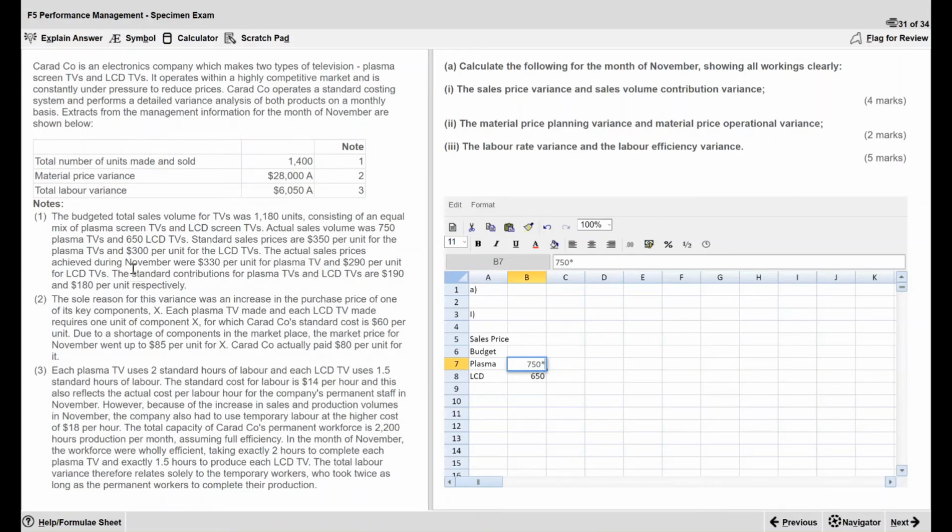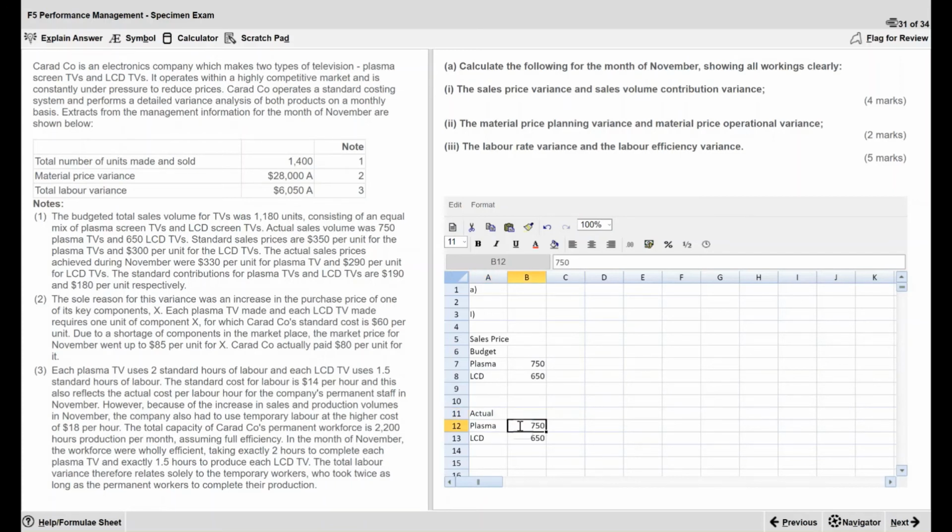The actual sales prices achieved during November were 330 per unit for plasma and 229 per unit for LCD. Even though that is budgeted information, because I saw it and I got it, I don't have to first enter the budgeted information. I could directly enter the actual information as well.